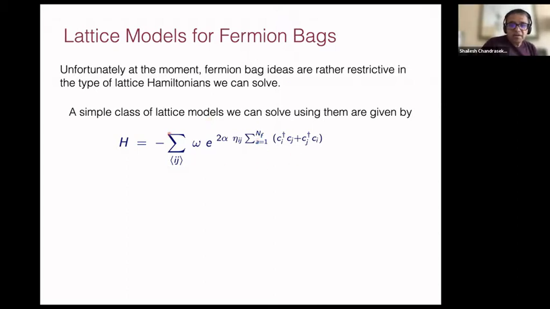So this model is important to us. It's basically a model of nearest neighbor hopping. But unfortunately, instead of just having c dagger_i c_j plus c dagger_j c_i, which appears as a free fermion term in all lattice models in the Hamiltonian approach, we exponentiate this.